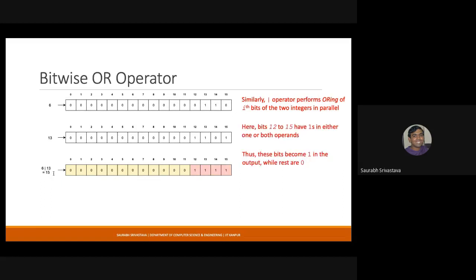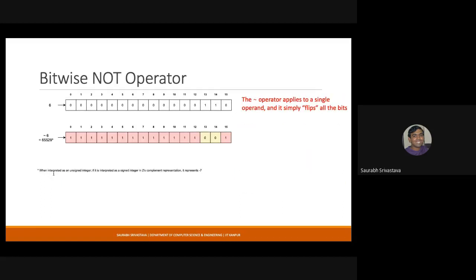Similarly for OR, you have to be a bit careful about not, because when you do this not, if the value was very small, I'm talking about unsigned cases, it will become huge, and if it was huge, it might become very small.